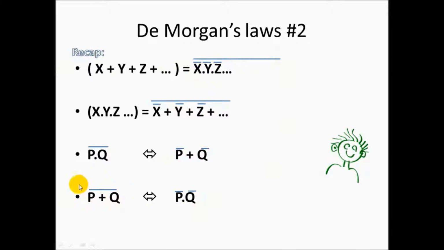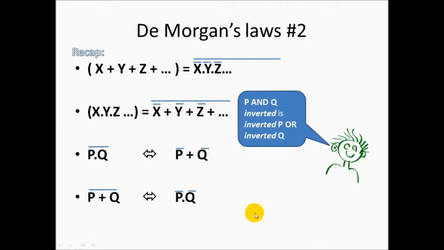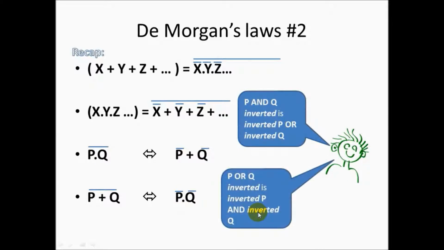And P or Q as an entire expression becomes individual P inverted and individual Q inverted. P and Q inverted is inverted P or inverted Q. P or Q inverted is inverted P and inverted Q.